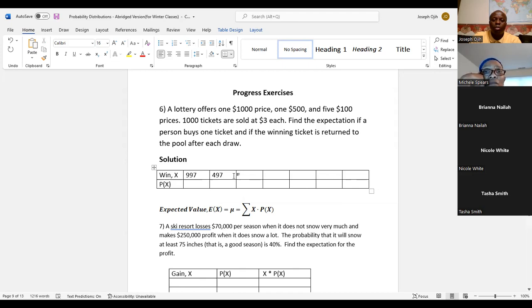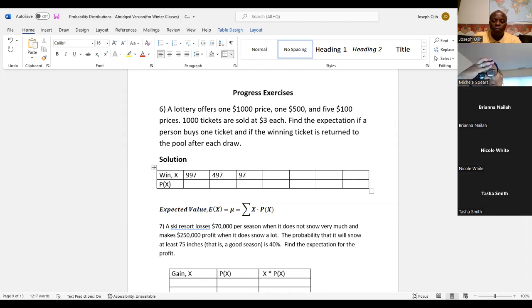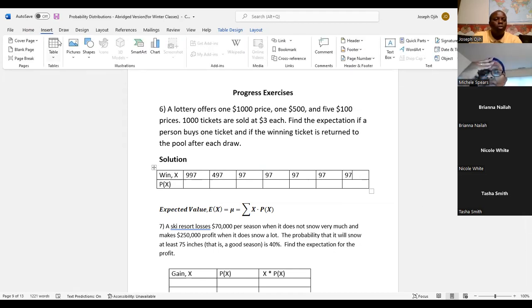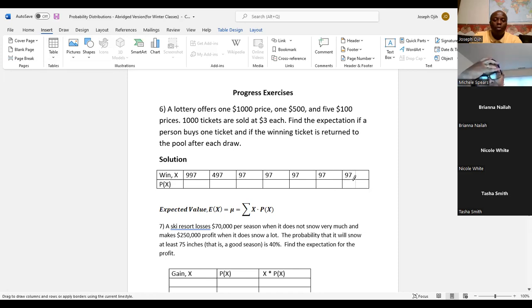Following that process, there's a prize of $100 and there are 5 of them, so your net win is $97, and there are 5 of them. Now, of course, you can also lose, and that happens most of the time.